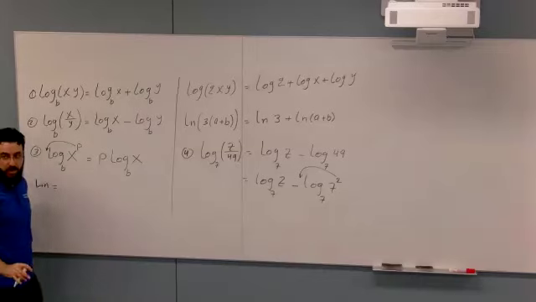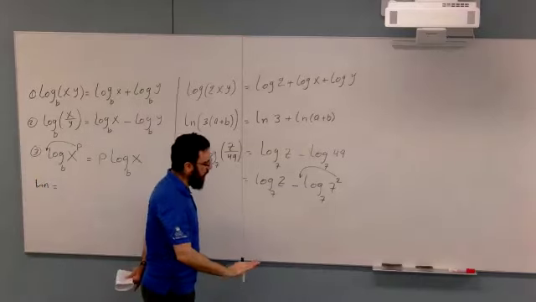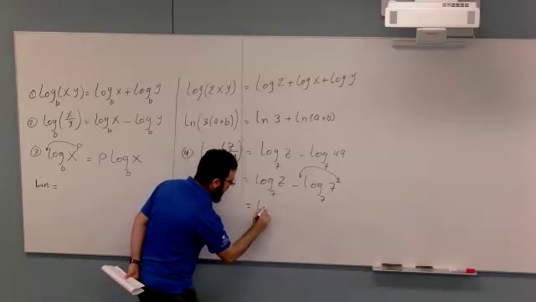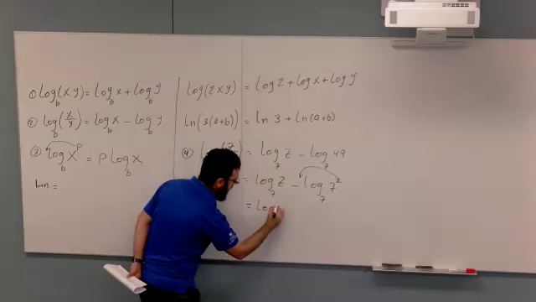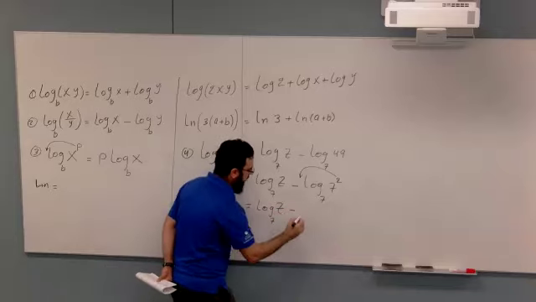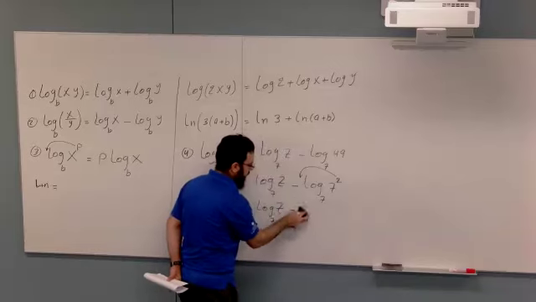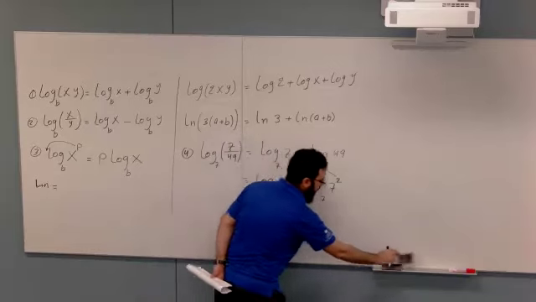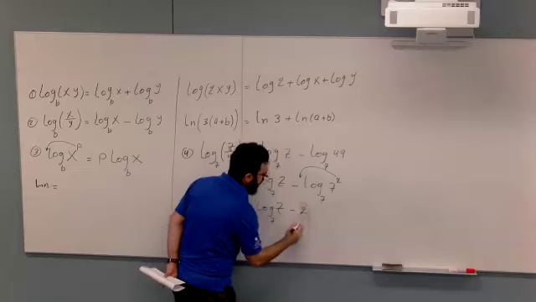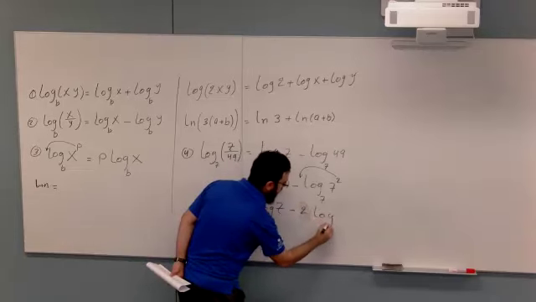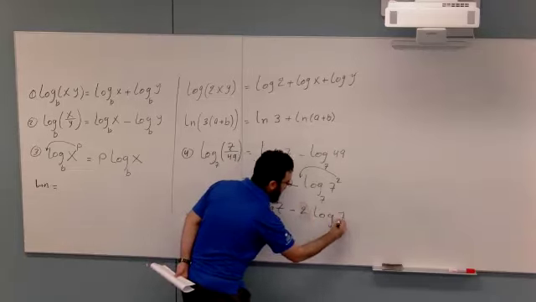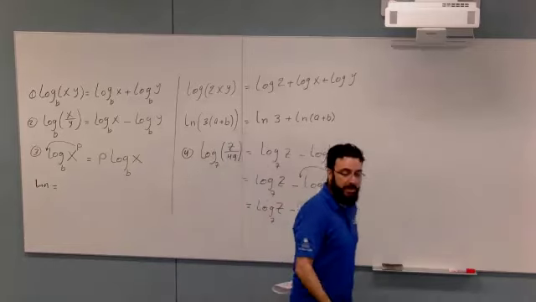In front. Is that okay? Yes or no? It will be log to the base 7 of z minus 2 log to the base 7 of 7. Now tell me, can we simplify it more?